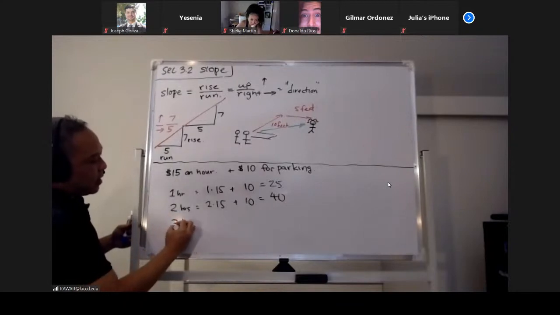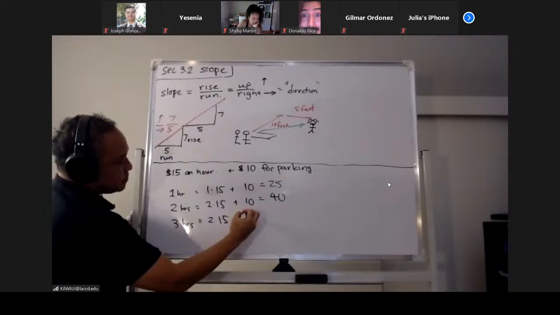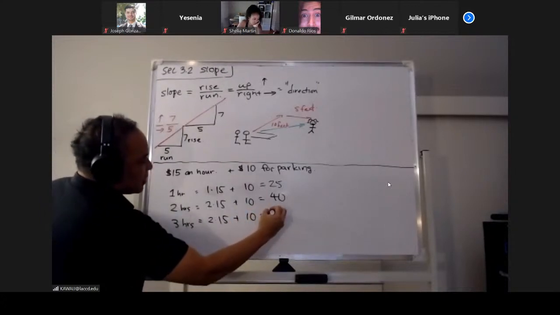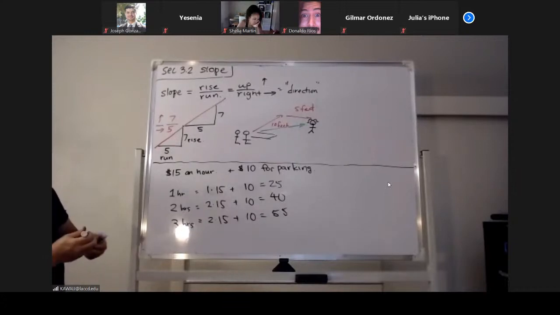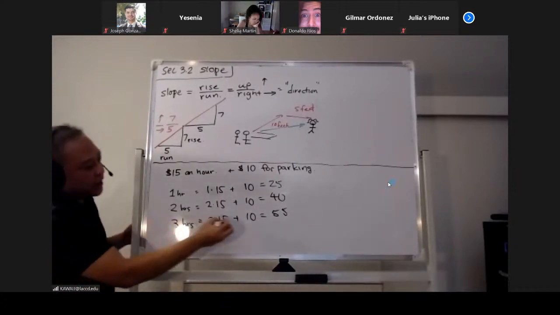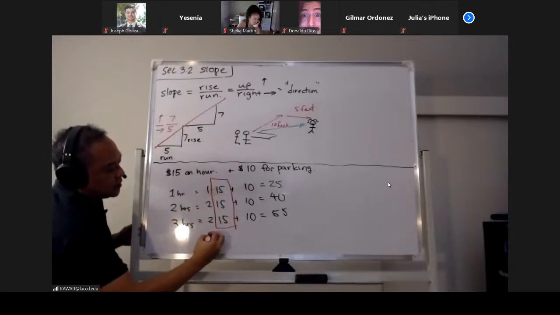And if you work 3 hours, you get $55. Your salary is the slope.